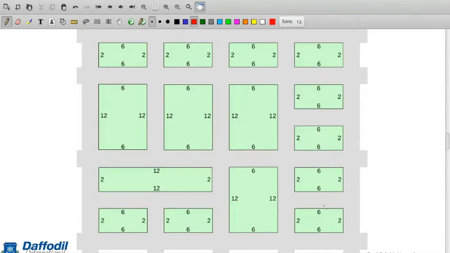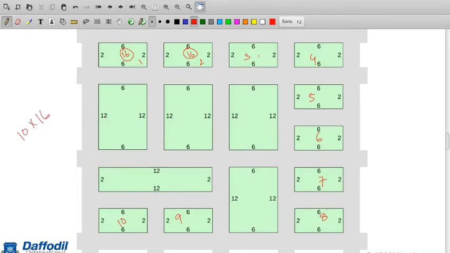So this block has 6, 6, 12, and 16 families living in this block. Okay, 16 families. So 16, 16, 16, 16, 1, 2, 3, 4, 5, 6, 7, 8, 9, 10. We have 10 blocks with 16 families.